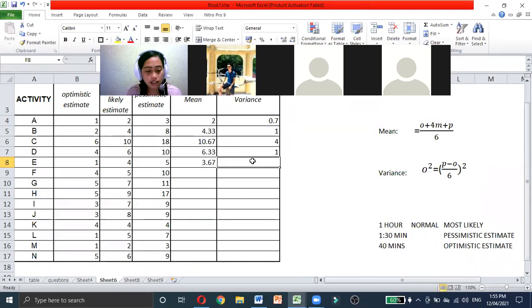And then the variance? 0.4. Okay. How about activity F? The mean is 5.6. The variance is 1.